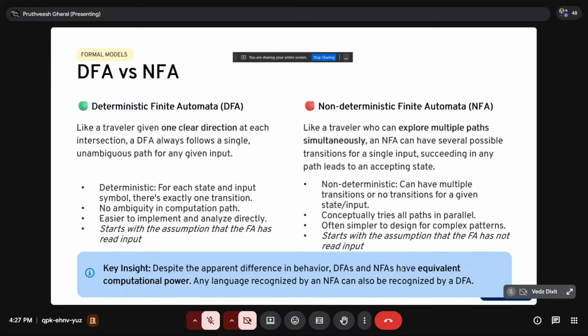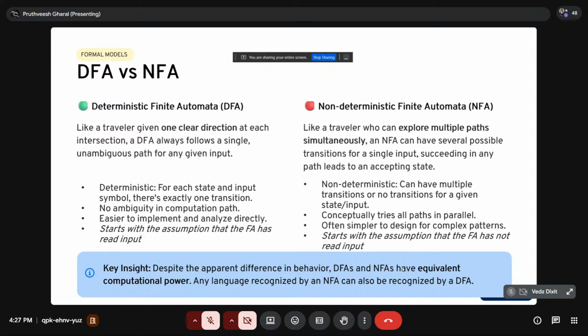We can think of whether it is going to rain tomorrow or not based on what the weather report tells us. It is deterministic. Non-deterministic is where we cannot define what that input might be.